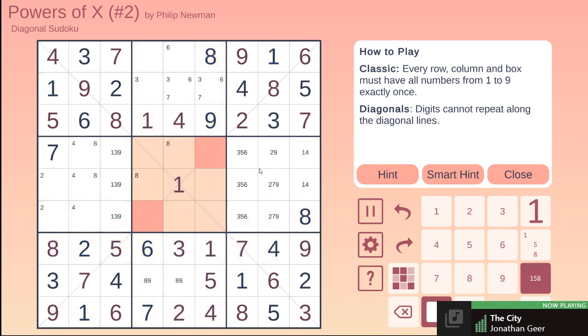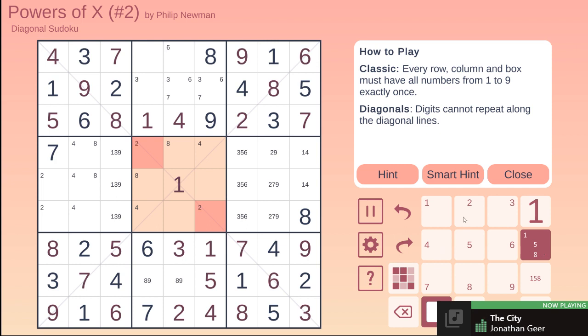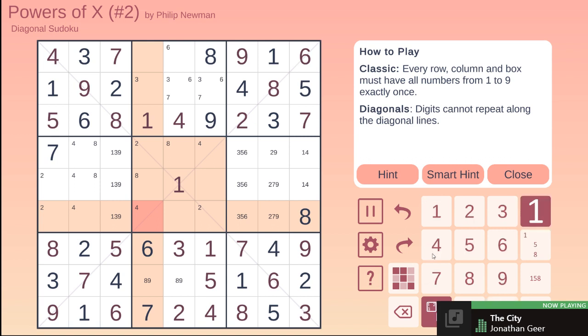One of these is a 4. And what else are we missing on this? 1, 2. We're missing a 2. So one of these has to be a 2. Well, this is a 4, because there's a 4 down there.